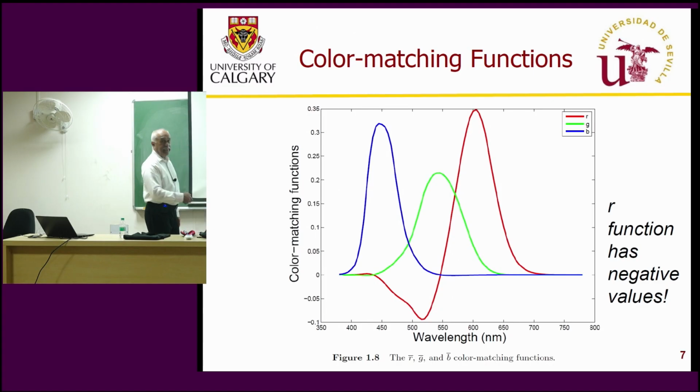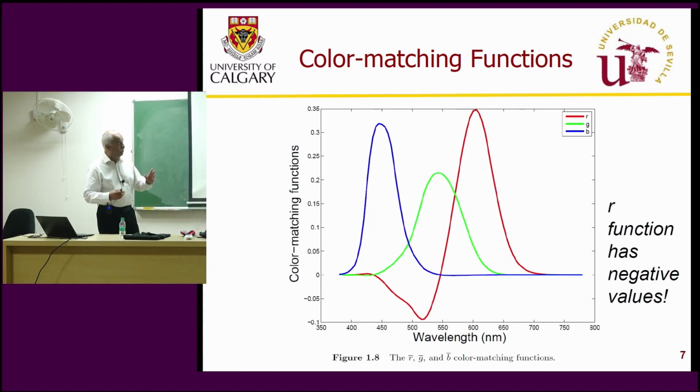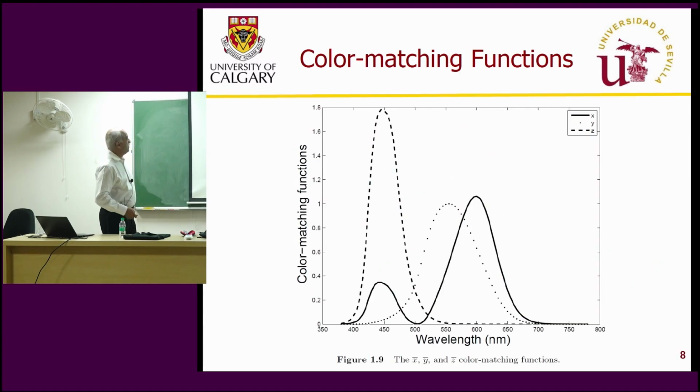So this is essentially the spectrum related to red, green, and blue, but these are what are called color matching functions. When you project a given arbitrary color spectrum, a combination of RGB, onto this, you get the blue component, and project onto that, green, and project onto that, red. But then the red has been defined with some negative values. Of course, there is no negative light, but that function has been defined with negative values. And that has been changed in this one to be all positive.